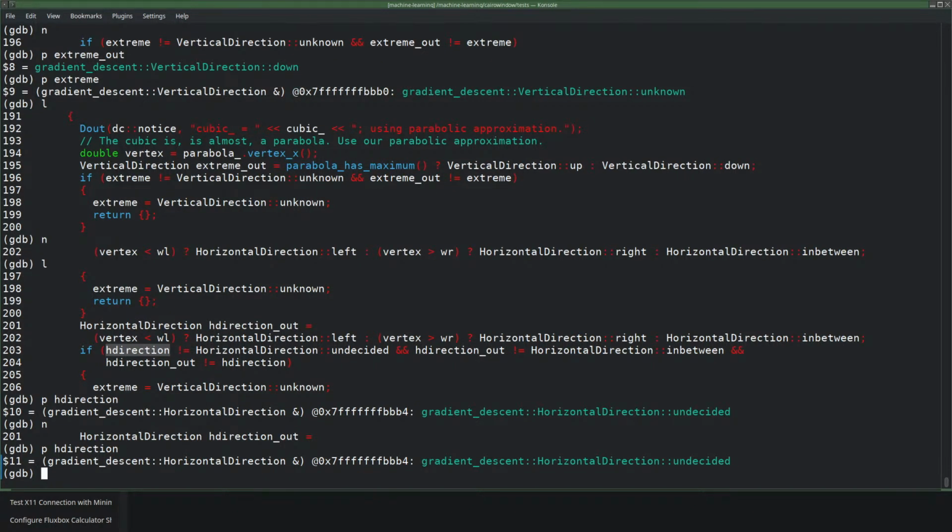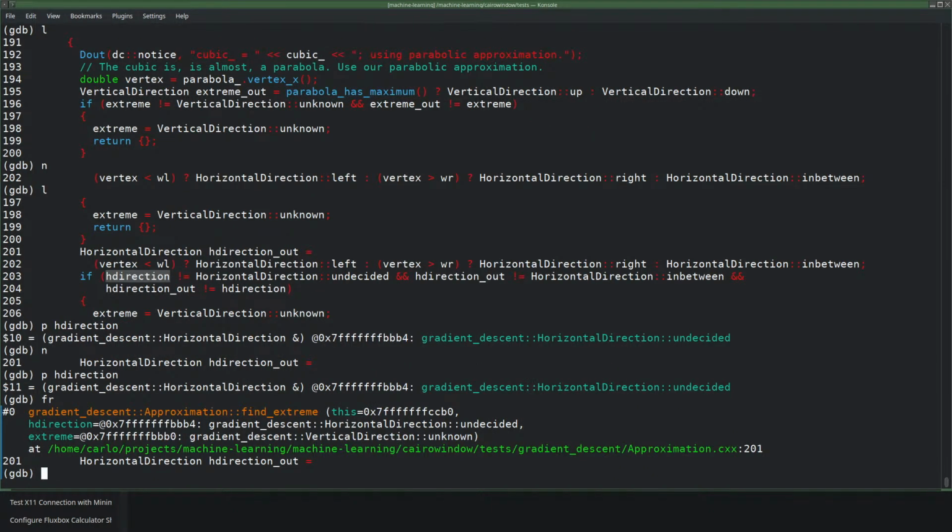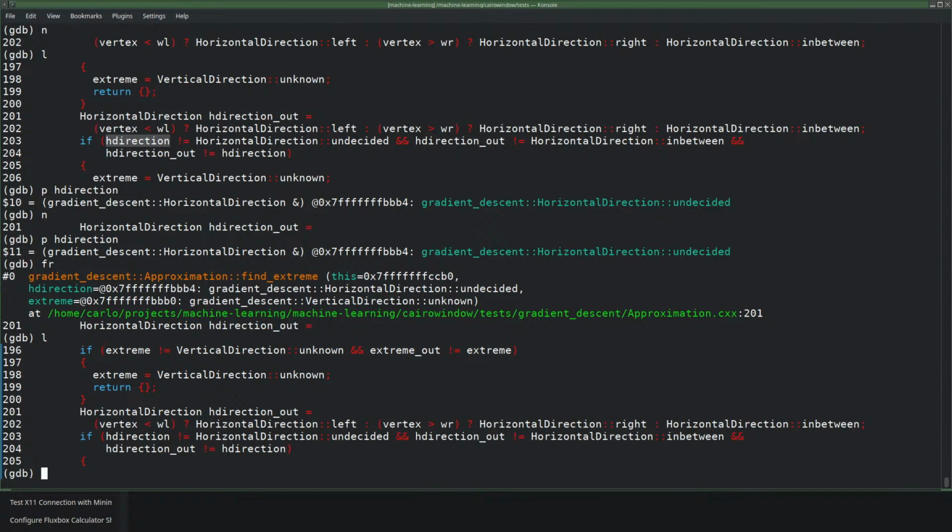Wait a minute. What is this? It's a destructor or something. No, it's just an enum. I don't know.